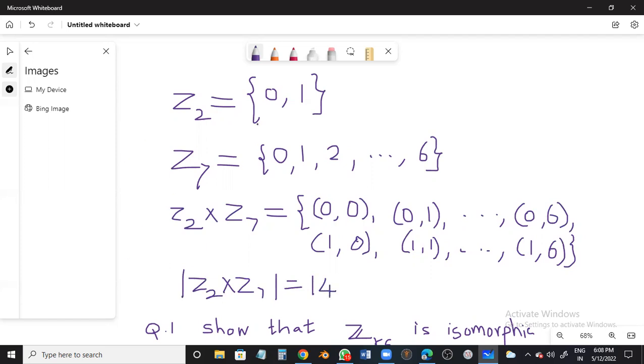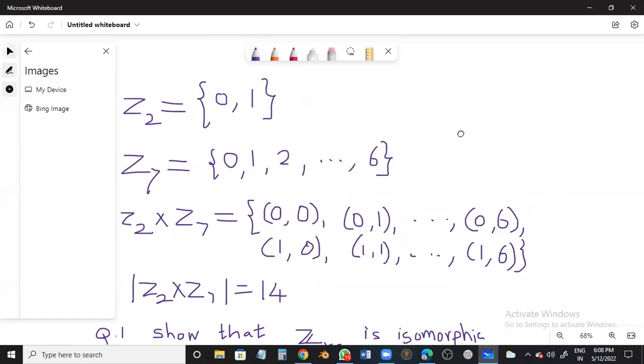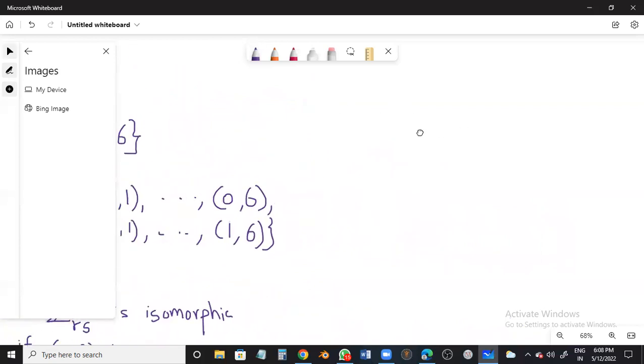Now, one more thing I must tell you, that this is an abelian group. As far as plus is concerned, this is an abelian group. Z2 with plus is an abelian group. Z7 with plus is an abelian group. So what is going to happen next? 1 will be the generator of this.